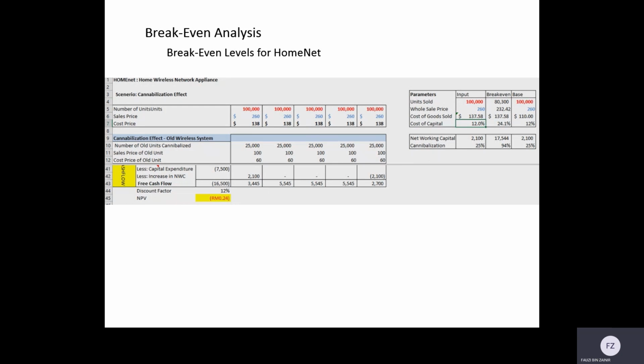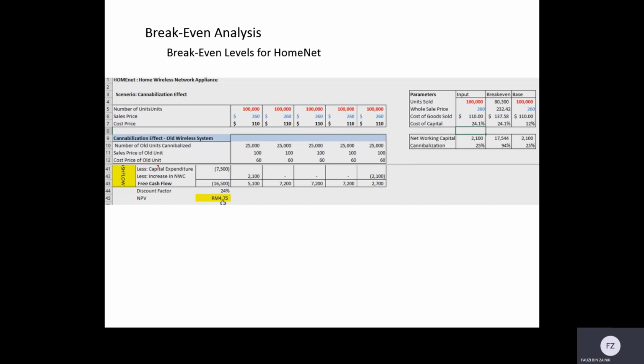The next one is the cost of capital, the weighted average cost of capital. I can simply break even by changing it here to 24%, so I can just barely make it.